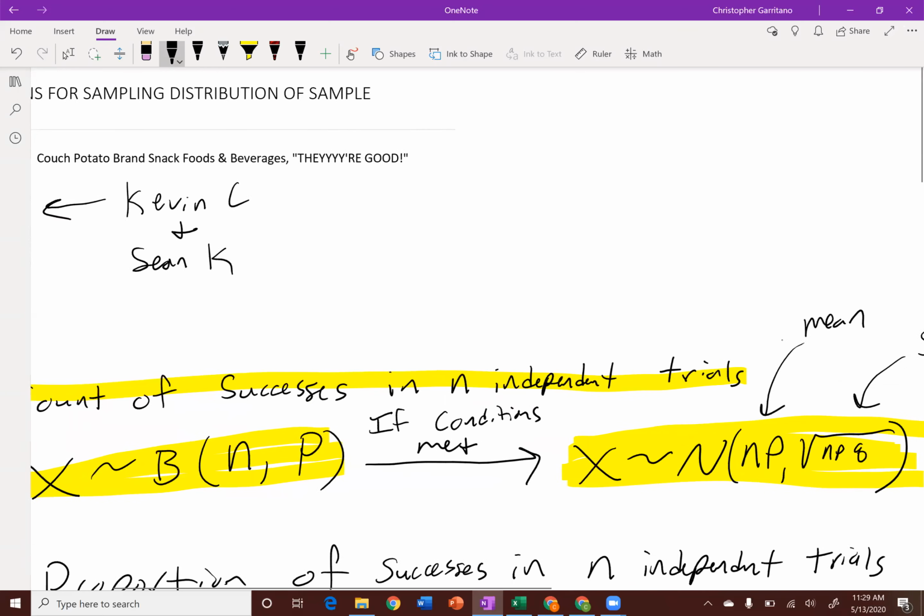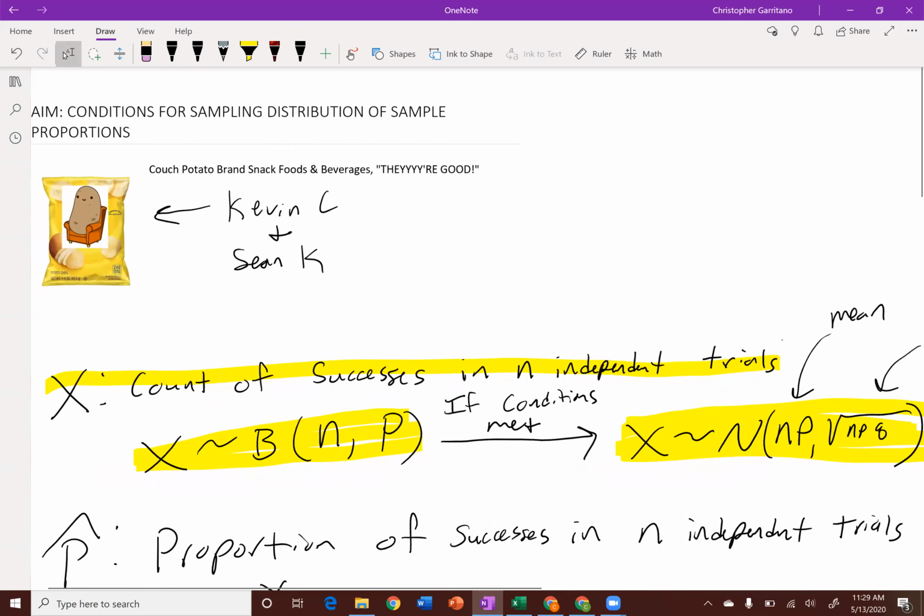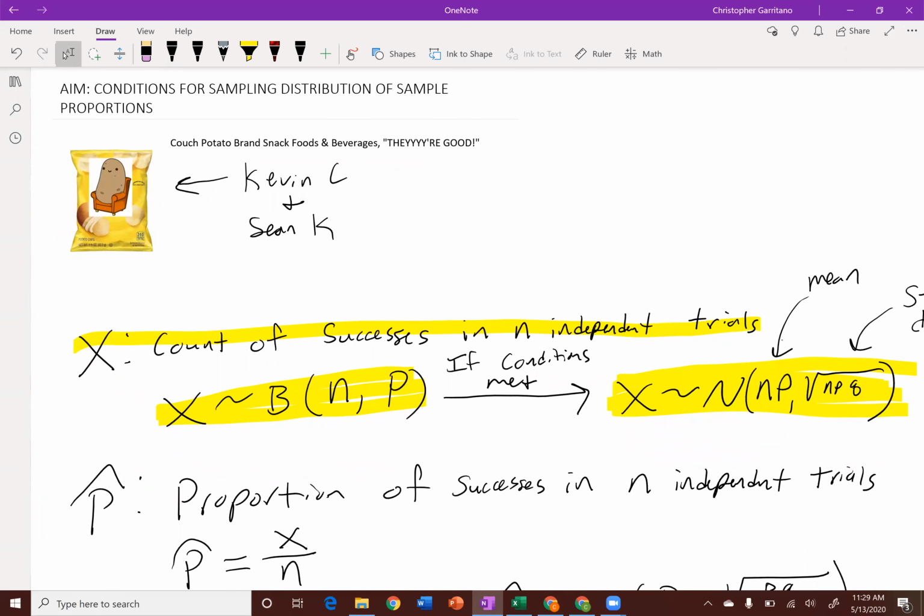Now, what are those conditions? Well, we'll get into those in a moment, because it just so happens that those conditions are exactly the same as the conditions we need to check for the distribution of p hat. The reason is p hat is very closely related to x.